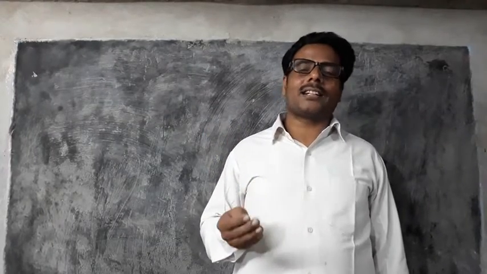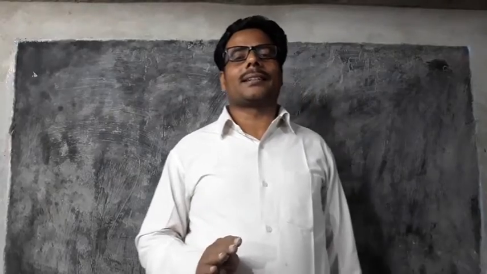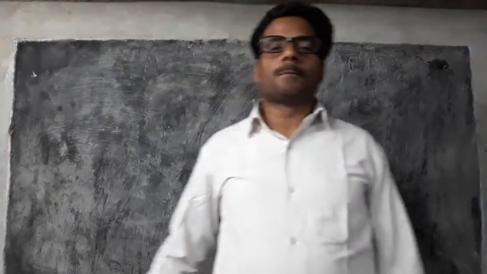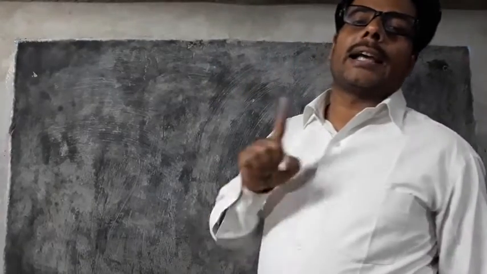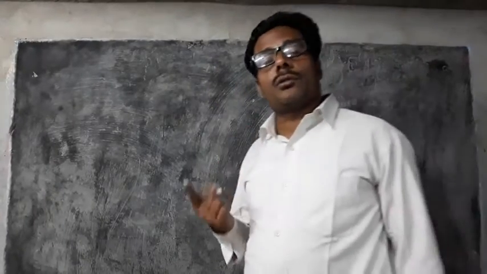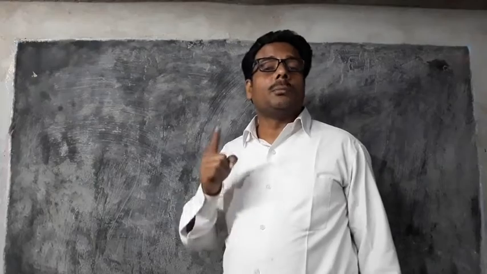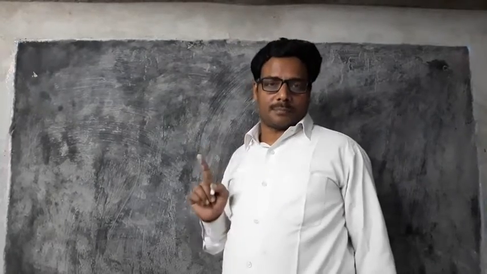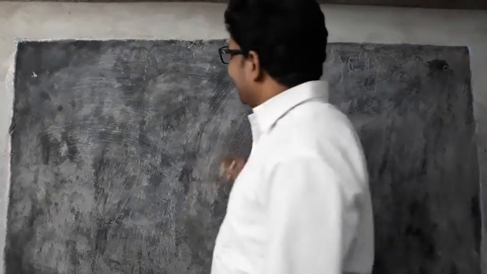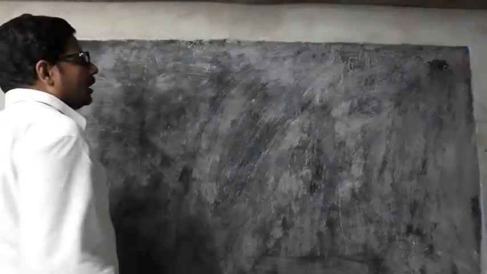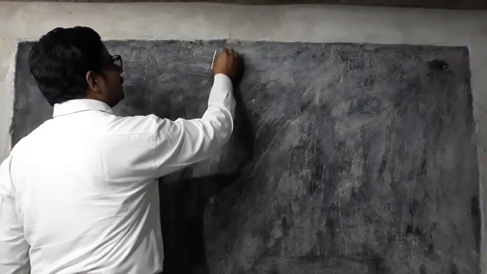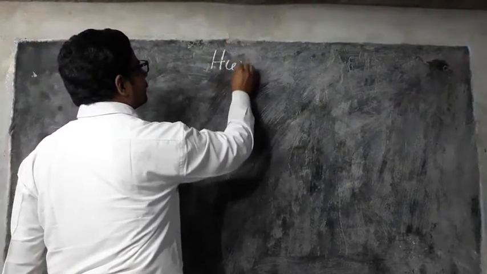Before we understand about the holozoic nutrition in human beings, first let us understand about the anatomy and physiology of the human digestive system. So, how can we understand the human digestive system? Let's see.